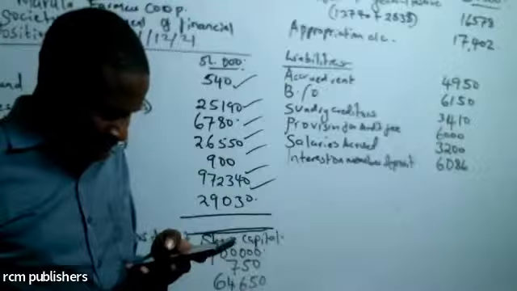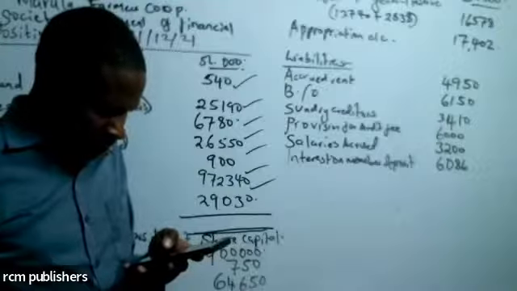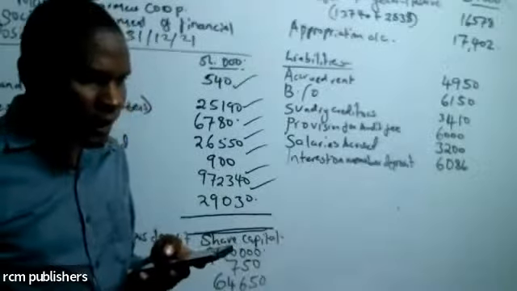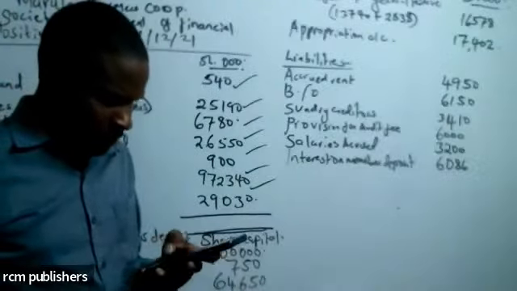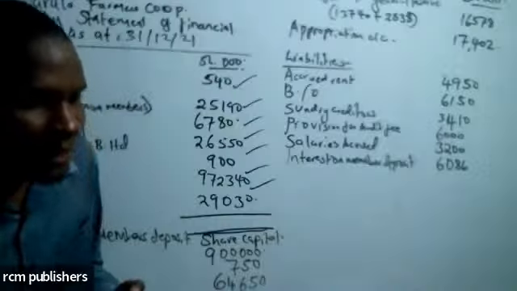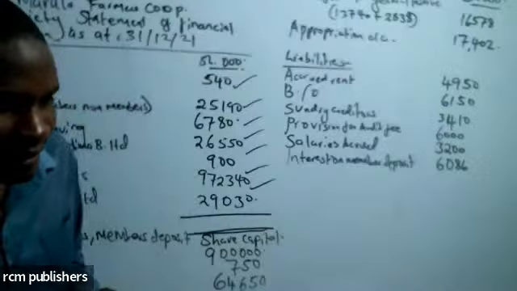Try to look at accrued rent, we have been given. There is something we have left. Any other item? Yeah, I can see something pending. Amount due to members. Yes. Thank you.